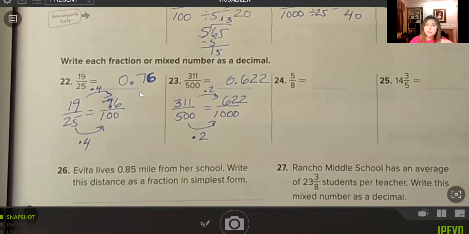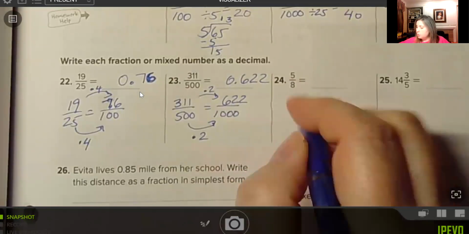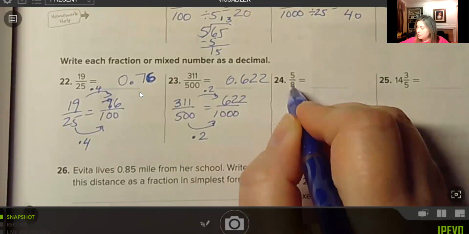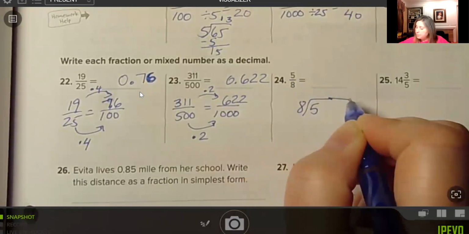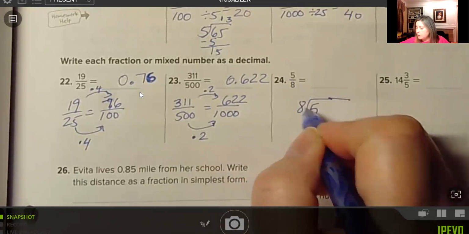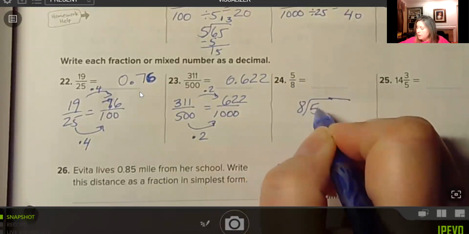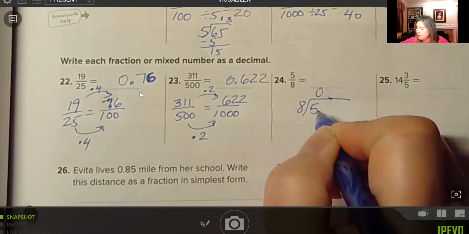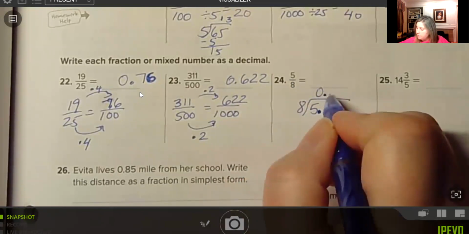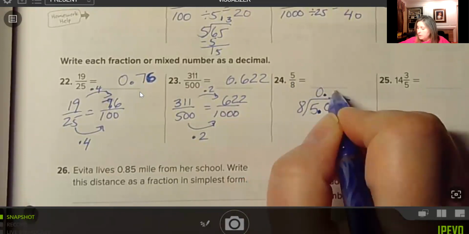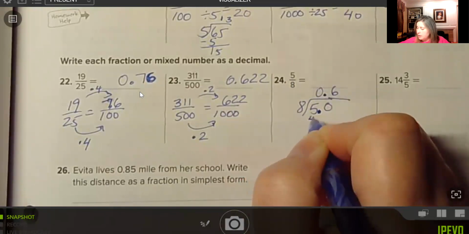5/8, 8 doesn't really easily go into 10 or 100. So let's go ahead and do this one with long division. So we would do 5 divided by 8. 8's too big to go into 5, so we can't put anything above the 5. We'll just put a 0 there and a decimal, and then we'll annex a 0. 8 can go into 50 6 times. 6 times 8 is 48.